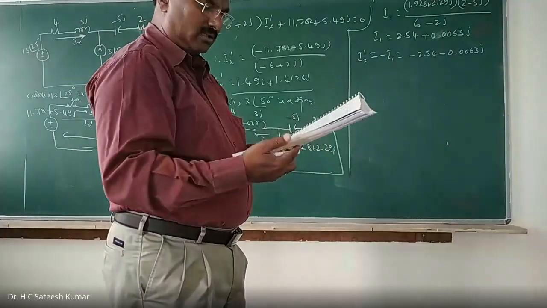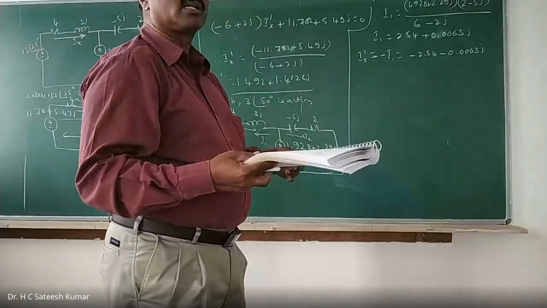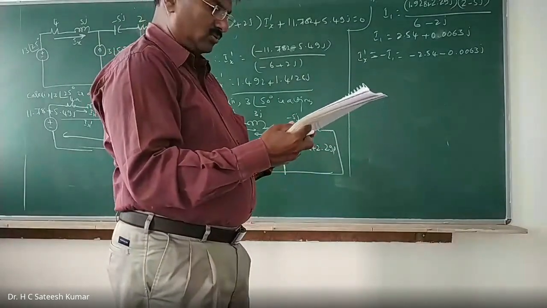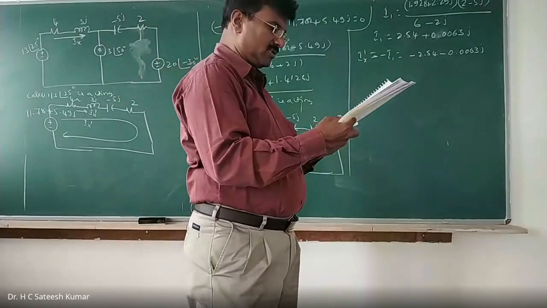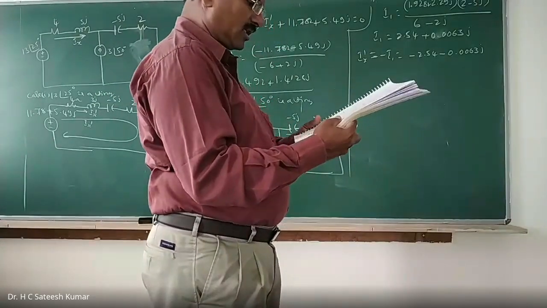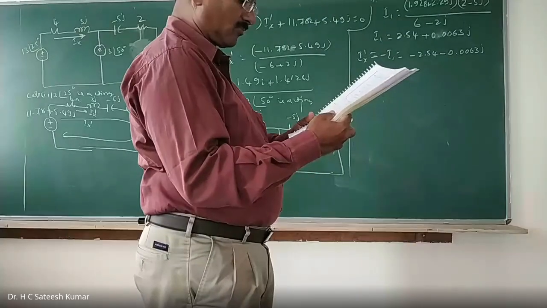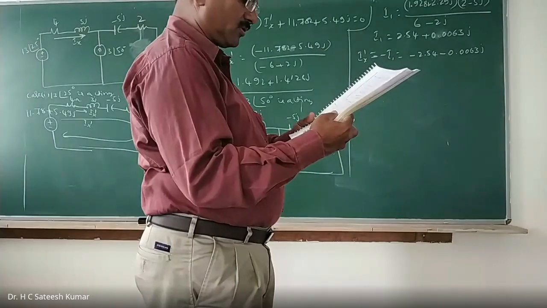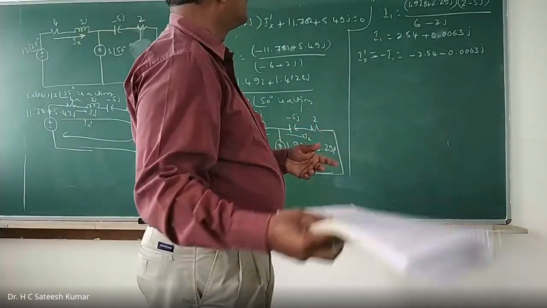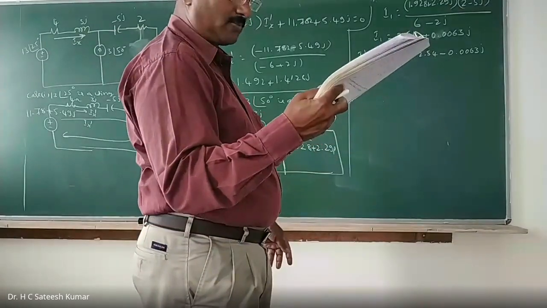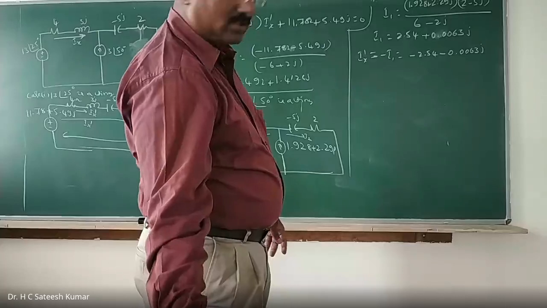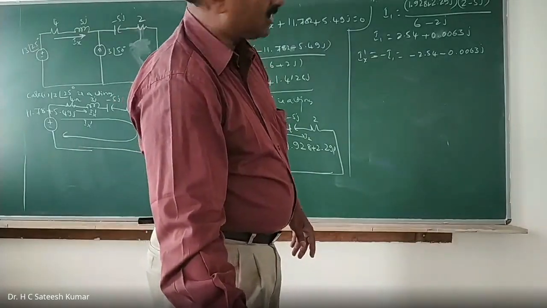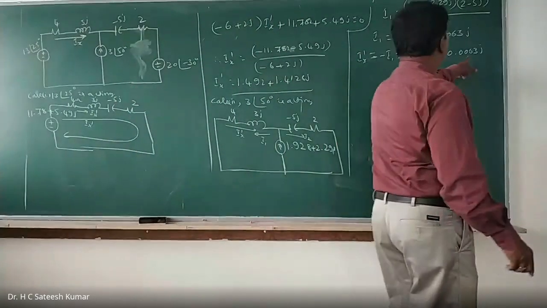Is the answer correct? 2.54 plus 0.017j has come. Okay, correct. Minus 2.54 minus 0.0063j.